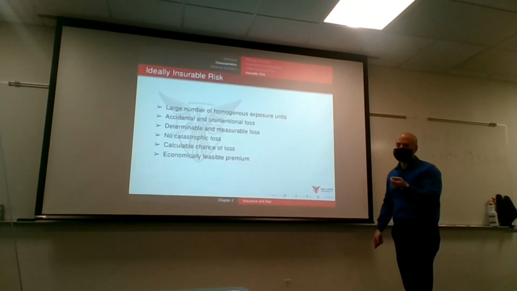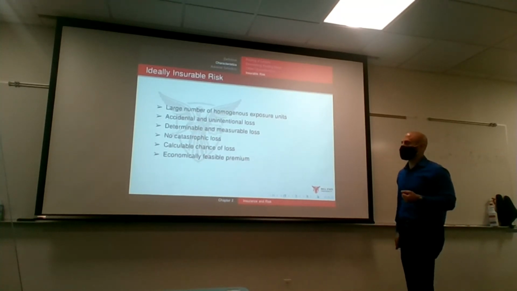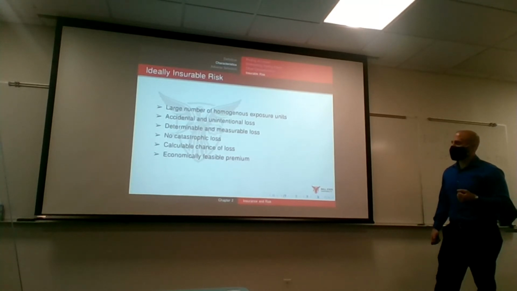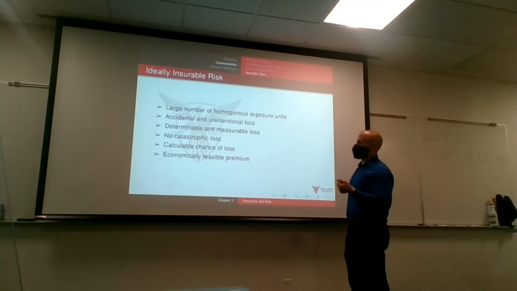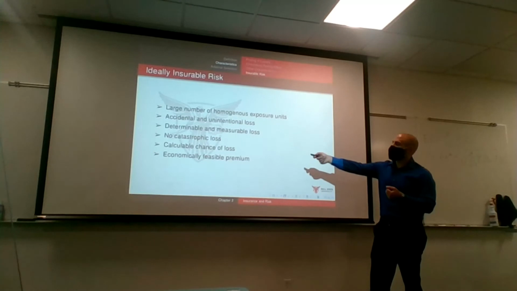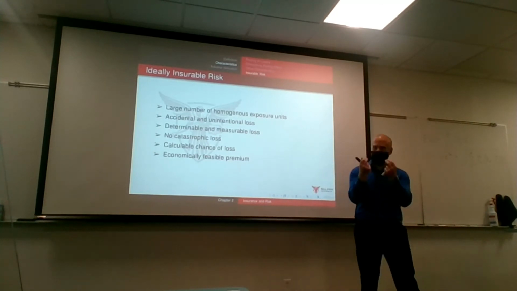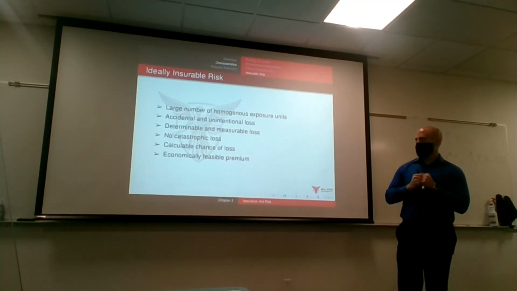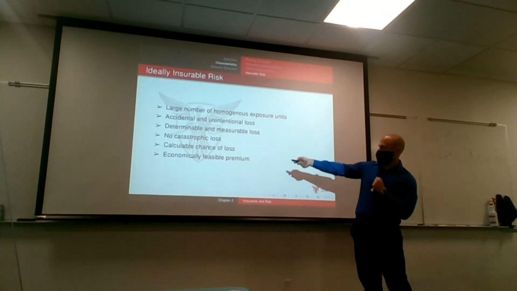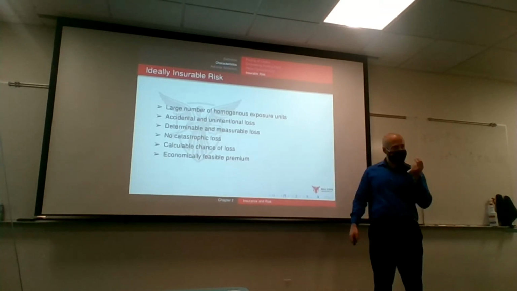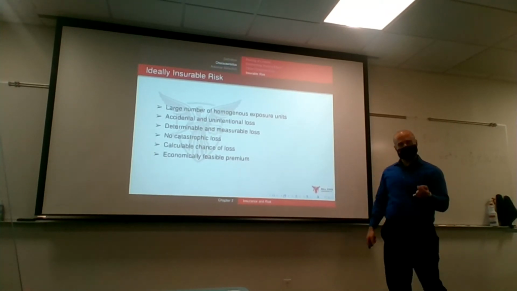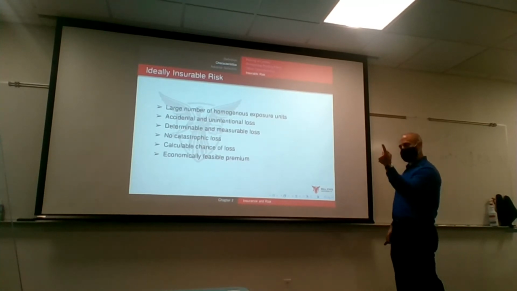So it's not really diversification. They're separate. We want it to be accidental and fortuitous. We want to be able to determine, so how much is it going to cost? Related to that, skipping a step, we want to be able to look at the probability. How frequently does this happen? So how much and how often.